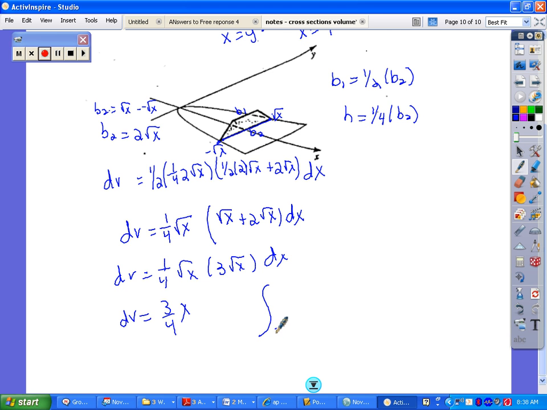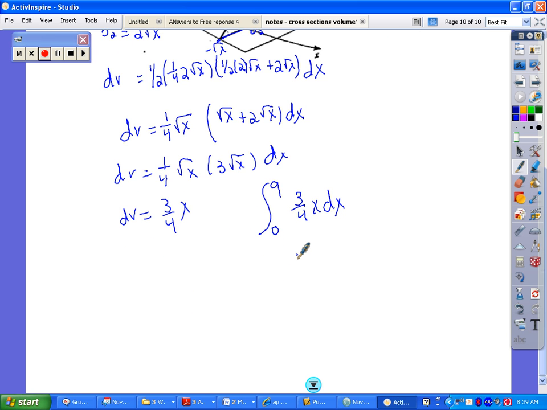So we integrate again from 0 to 9, the same bounds because we're starting at 0 and ending at 9, of 3/4 x dx. And then if we integrate by hand again, it's going to be 3/4 x squared over 2 from 0 to 9. So that's 3/8 x squared from 0 to 9.